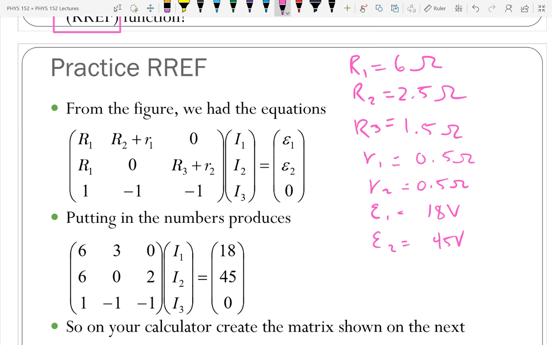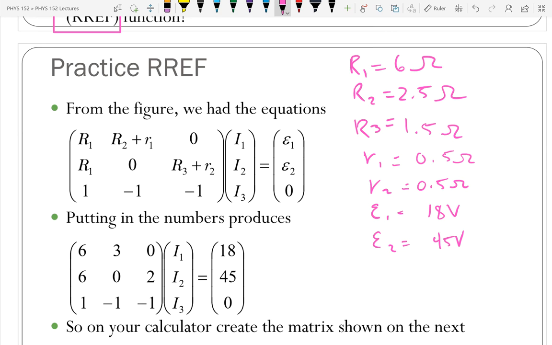So using those resistors, we were able to replace: R1 is 6 ohms, R2 plus r1 is 2.5 plus 0.5, is 3, epsilon 1 or EMF 1 is 18, and then the next one, R1 is 6 again, 0, R3 plus r2 is 1.5 plus 0.5, is 2, 1, minus 1, minus 1. We have everything in matrices.